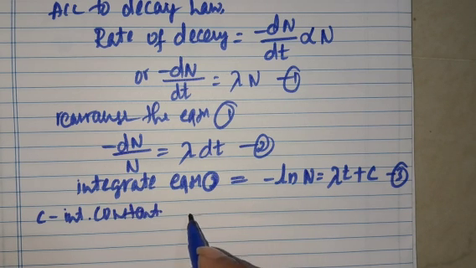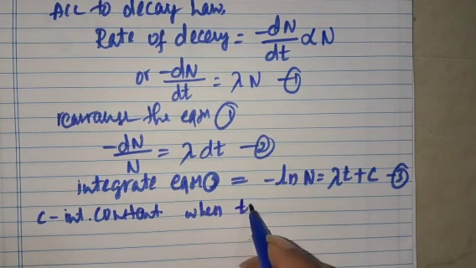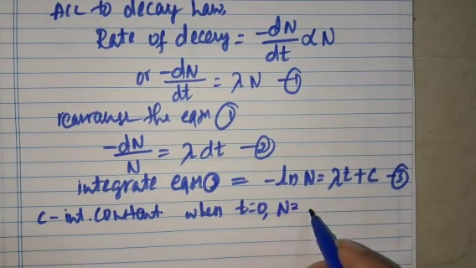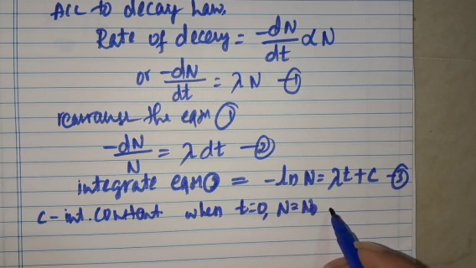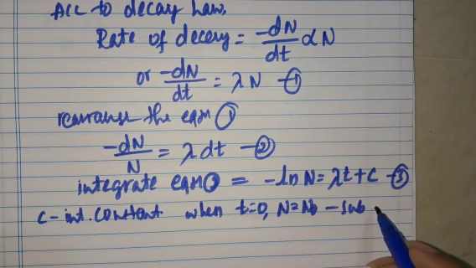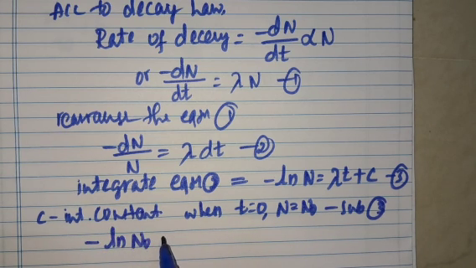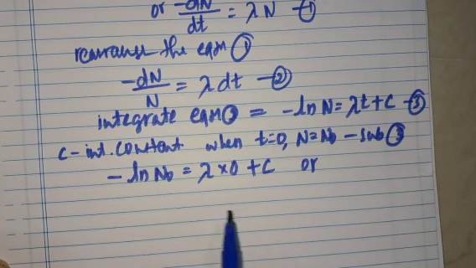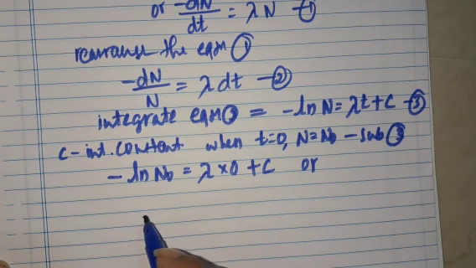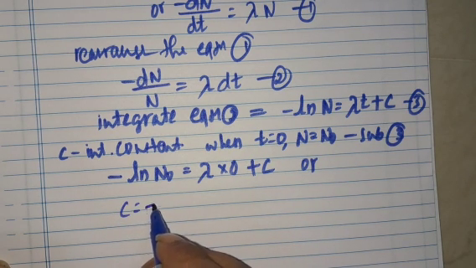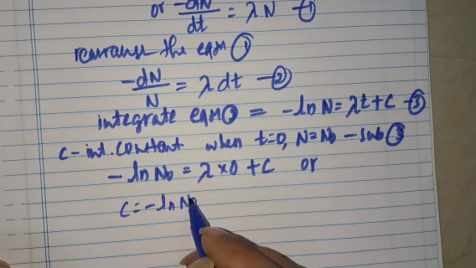For example, when t = 0, N = N0. If you substitute these values in equation 3, you will get -ln N0 = λ × 0 + C, or C = -ln N0.